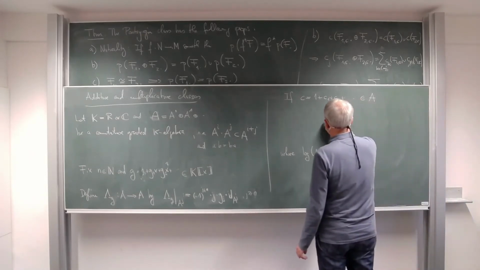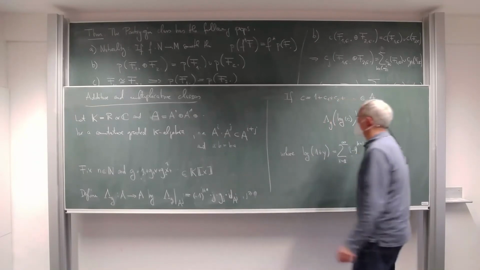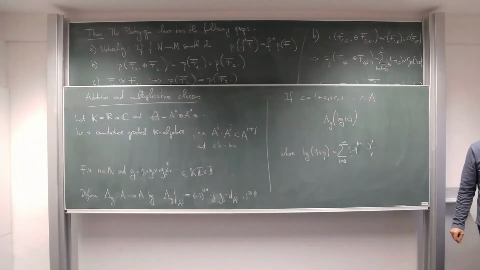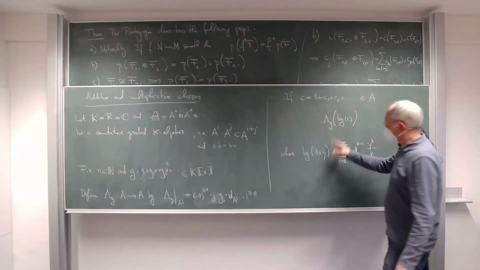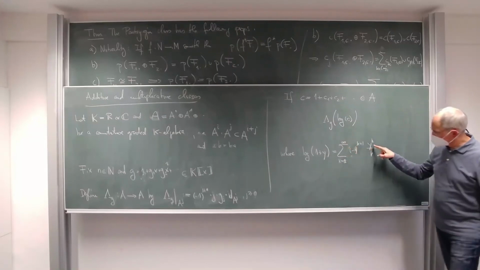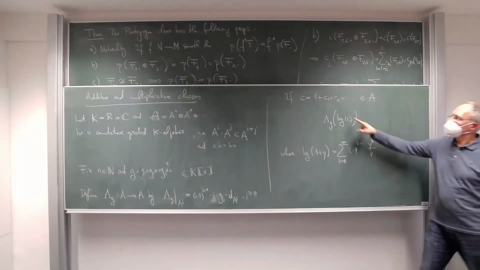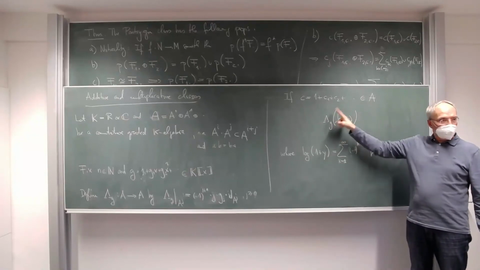Then I apply this linear map to it. I get another element in A. But this has things only in degree at least 1, right? This starts with an element in A1. So there's no contribution to A0 from this.